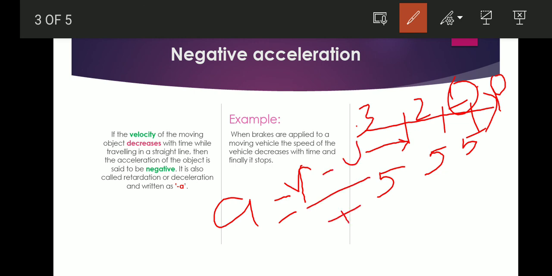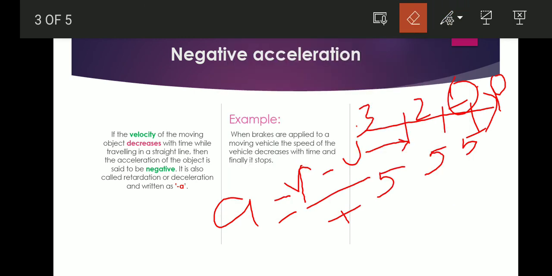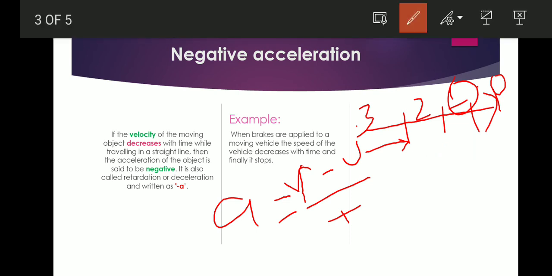Okay, then the final velocity is 0, minus the initial velocity 3, divided by time. The time is 5 minutes, so the total time will be 5 times 3, which is 15.